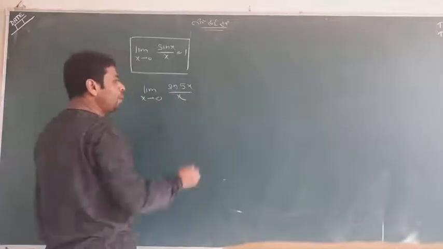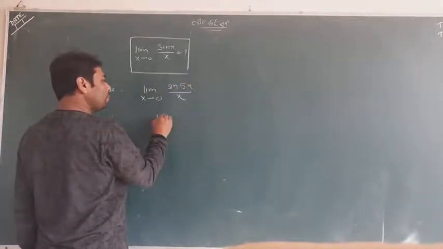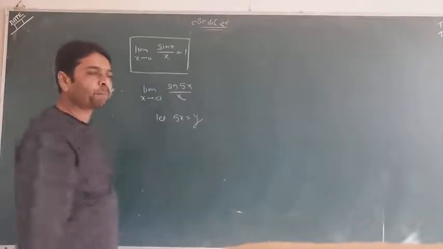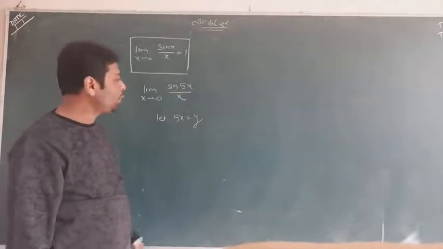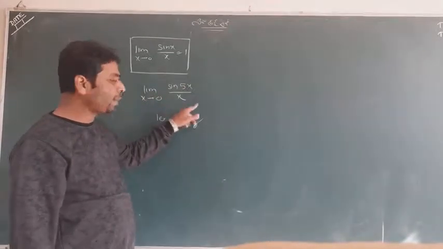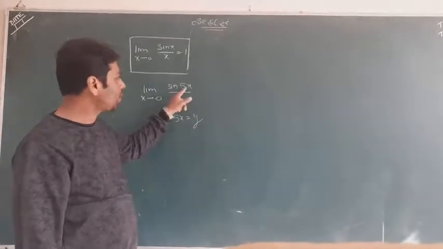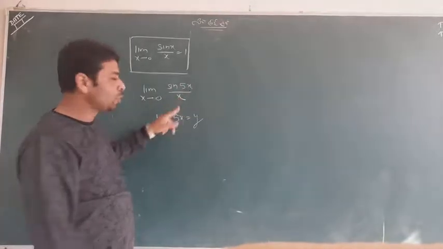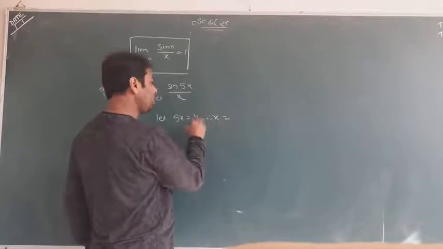It is sine 5x and it is x. First of all, we assume that 5x equal to y. So whenever we do like that, we will change all the terms of x into y. This is 5x, so I change it to y. This is x, so x will be y by 5.